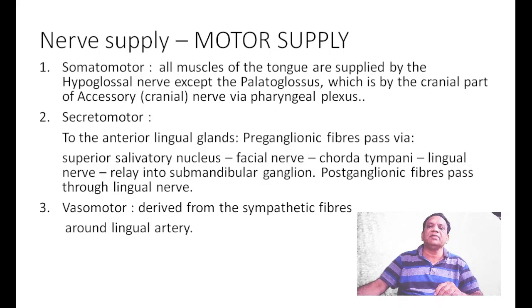Somato-motor: somato means body wall, that means skeletal muscles, those are the movements of the muscles. All the muscles of the tongue are supplied by one nerve, the hypoglossal nerve, which causes the movement of these muscles, except one muscle, the palatoglossus, because this belongs to the soft palate.